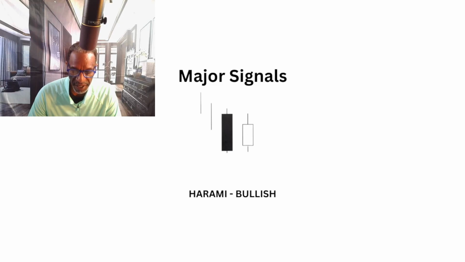Third, the second day opens higher than the close of the previous day and the close is lower than the open of the prior day. Fourth, unlike the Western inside day, just the body needs to remain in the previous day's body, whereas the inside day requires both the body and the shadows to remain inside the previous day's body.